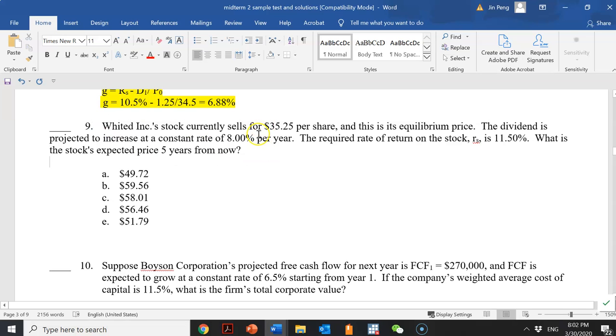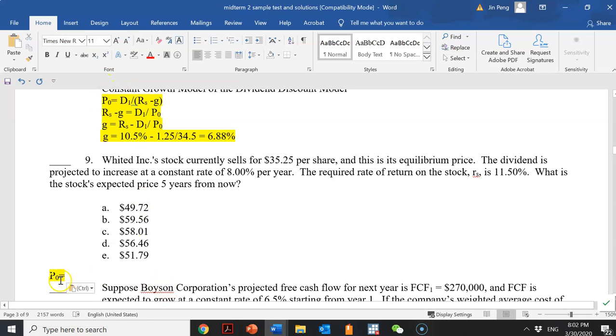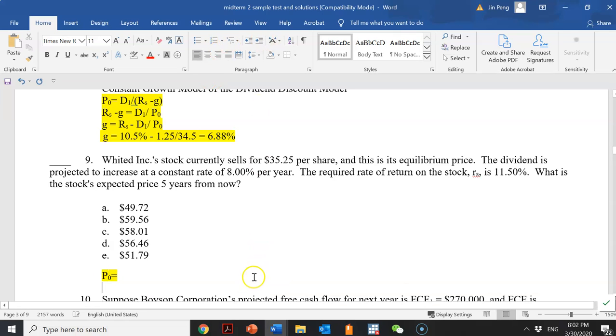Okay, so here we know P0 equals 35.25. We also know G equals 8%.